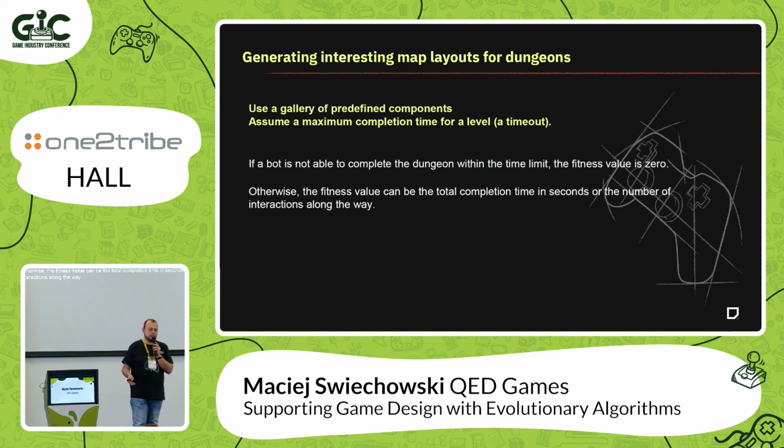So we want the bot to complete it in a higher time, but we don't want it to be unbeatable, so we set a limit after which the fitness goes down to 0. So it grows, grows, grows up till some limit and then goes to 0. And this, for example, can be a fitness function. So defining a fitness function requires some creativity, but it can be done.